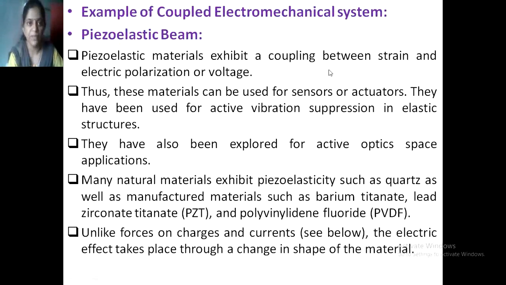That is the piezoelastic beam. Piezoelastic materials exhibit a coupling between strain and electrical polarization, or voltage.